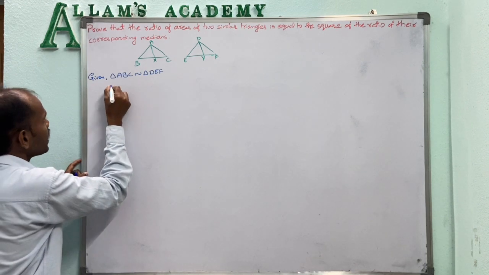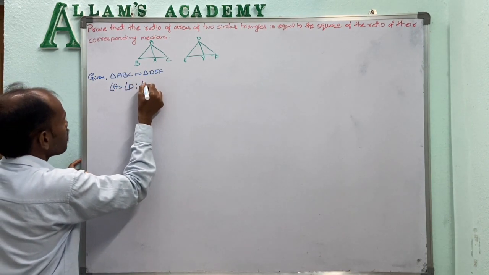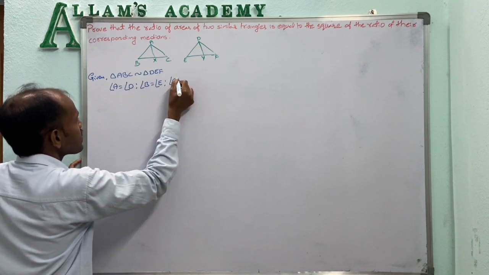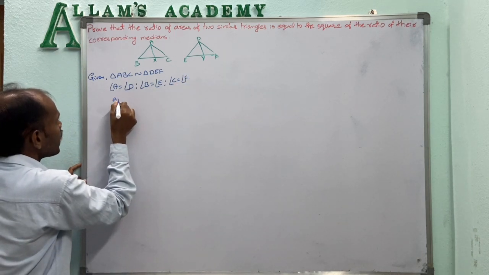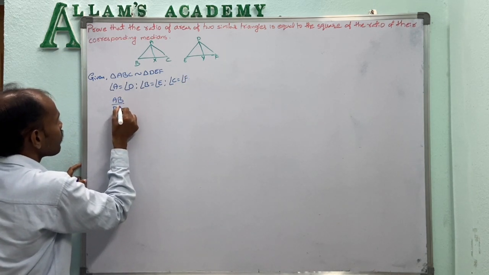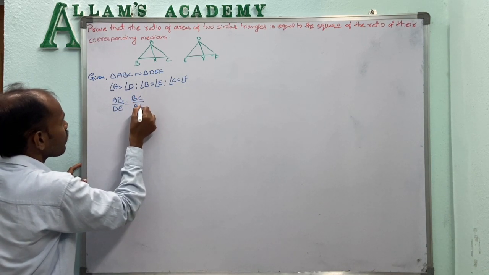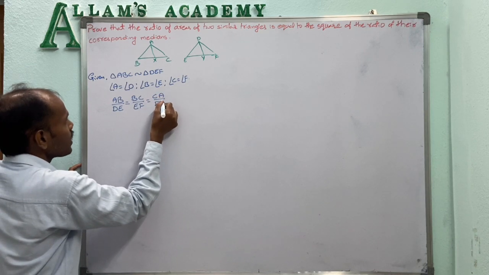So angle A equals angle D, angle B equals angle E, angle C equals angle F, and AB by DE equals BC by EF equals CA by DF.